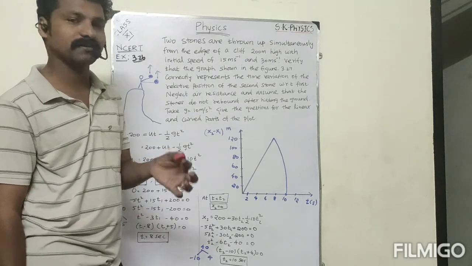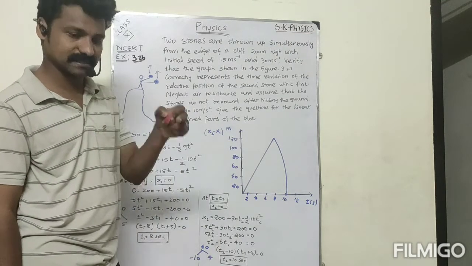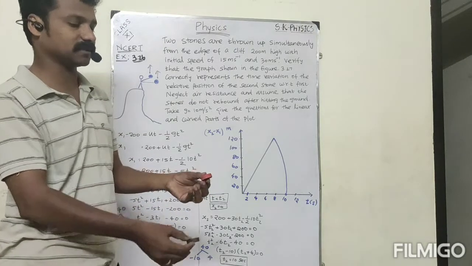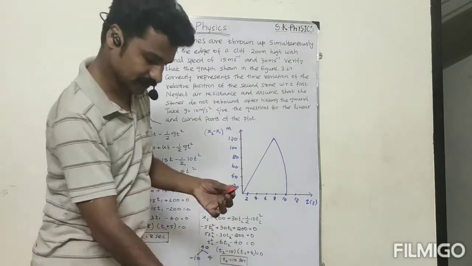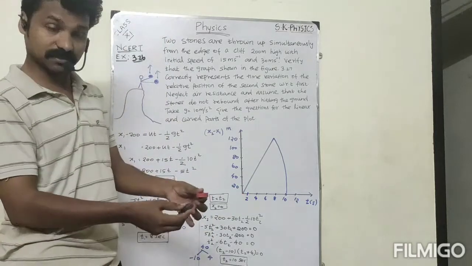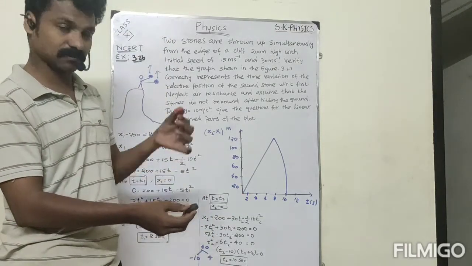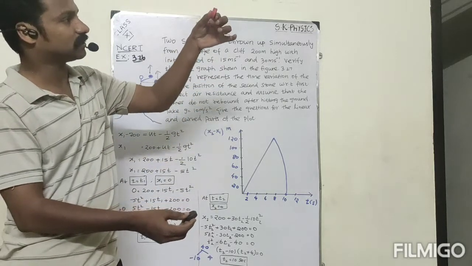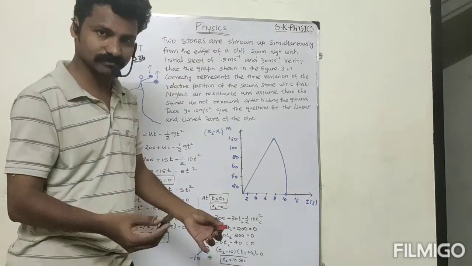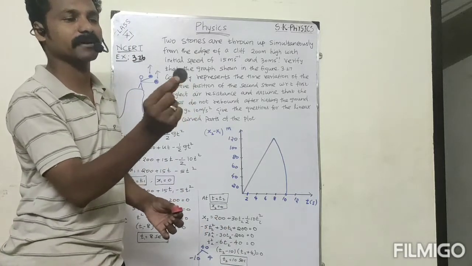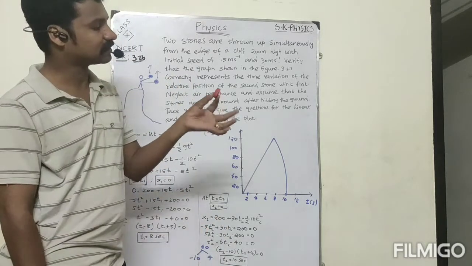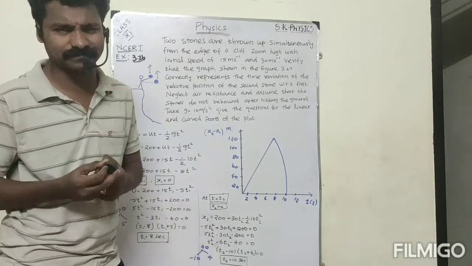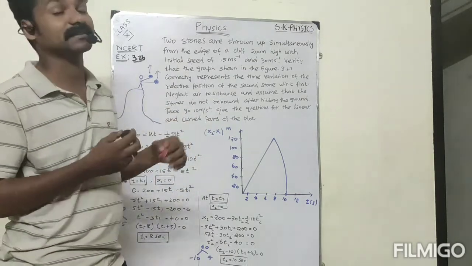The lower velocity one reaches the ground first, because I throw it only a little height, so it easily reaches the ground. Suppose this red coin has more speed, it will move to more height before reaching the ground. So first the black coin reaches the ground, next the red coin reaches the ground, correct or not? Yes, this is basically it. So what is the speciality of this case?